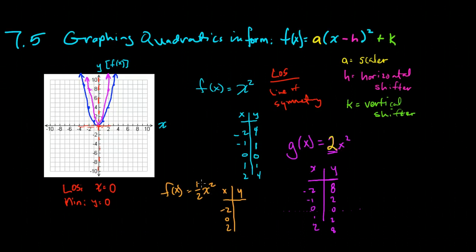Negative 2 squared is 4. Divide that by 2, and I've got 2. So at negative 2, we'll go up 2, go there. And at 2, go up 2, we'll go there. 0 is 0.